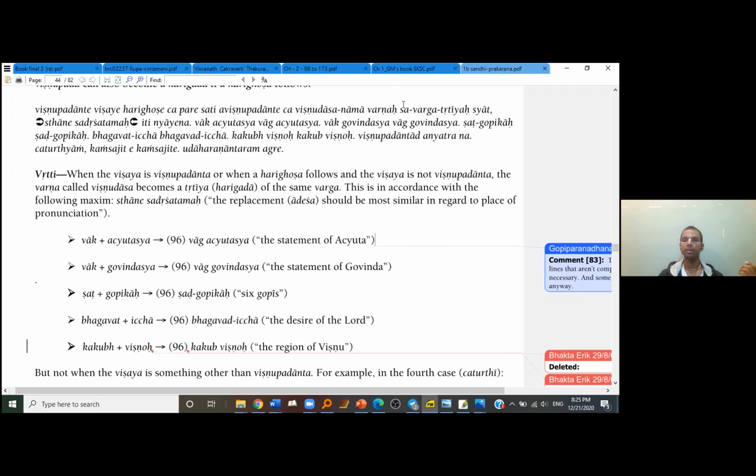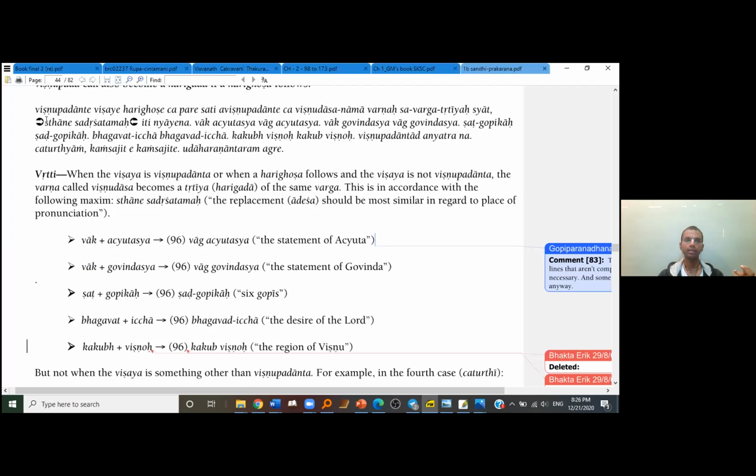This is important. Savarga tritiya means the tritiya, the hari-gadā, of its own varga. Savarga means its own varga. So savarga tritiya of ka is ga. So it will change into Vag Govindasya.